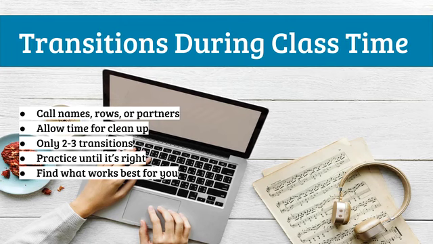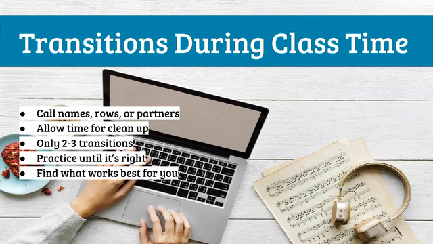So the first thing we're going to talk about is calling names, rows, or partners. Let's talk about a transition. The different transitions you're going to see in your classroom are going from maybe a warm-up to learning a song, to doing a movement activity, to maybe doing instruments, to centers if you're doing them that day, to closing down the class period, reading them a story.